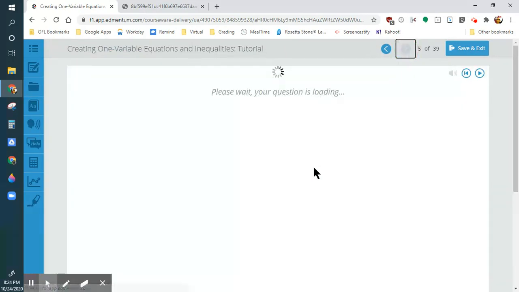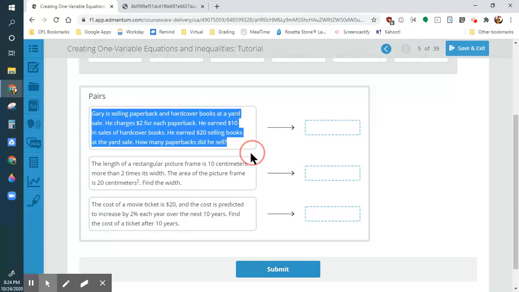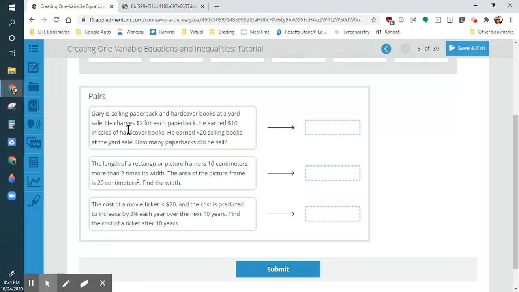Alright, so let's take a look here. The first thing we're going to do is try to figure out sentences. What I always do here is ask myself, what am I doing? He's charging $2 for each paperback. That whole idea of each usually means you're going to do 2 times something.